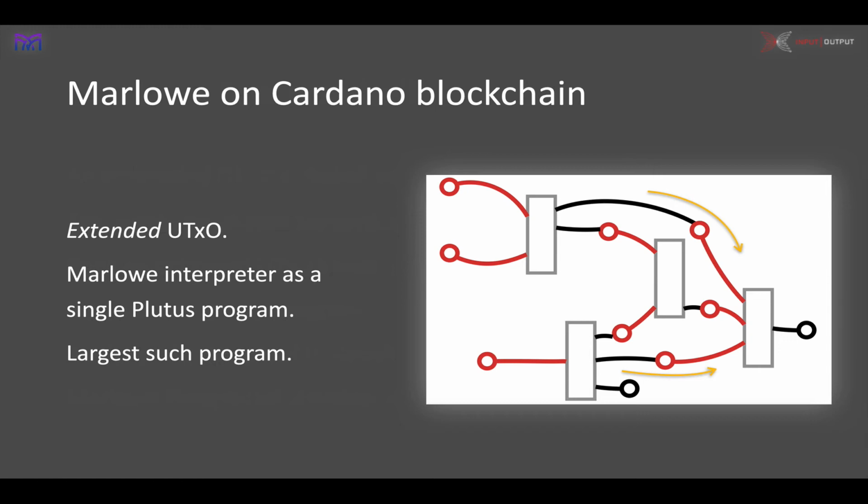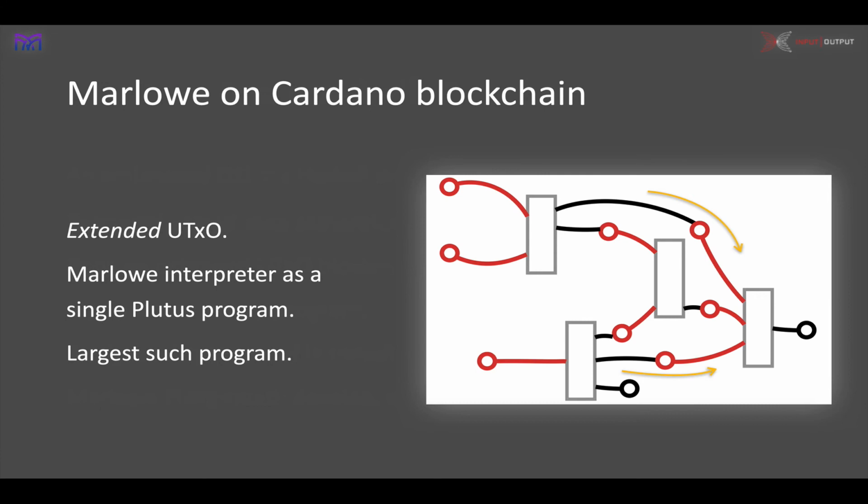You can see here in the diagram, I've tried to suggest that the yellow lines indicate data flowing across transactions being spent, and doing that allows us to keep track of the current state of a contract, how far we've got through executing a contract. But again, it's this functional model that data flows through a network.